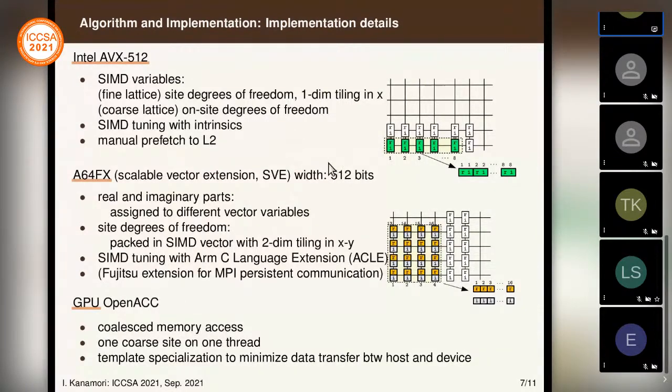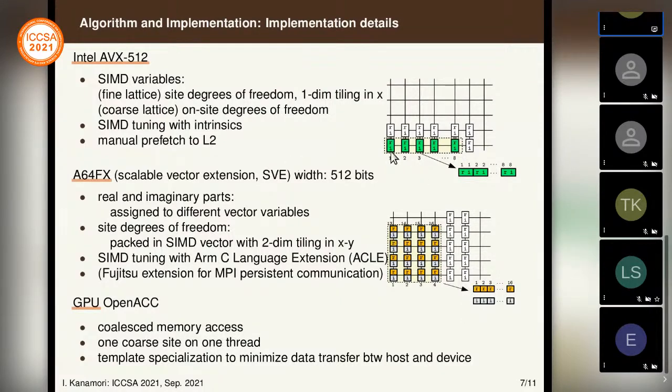In the Intel architecture, we pack both real and imaginary parts of the complex number into the same single SIMD vector. On the other hand, in A64FX, we pack real and imaginary parts into different SIMD vectors. It turns out this way of usage is more efficient.